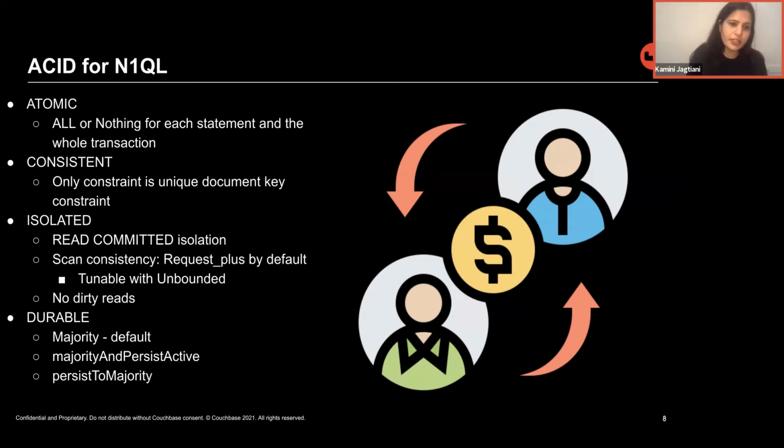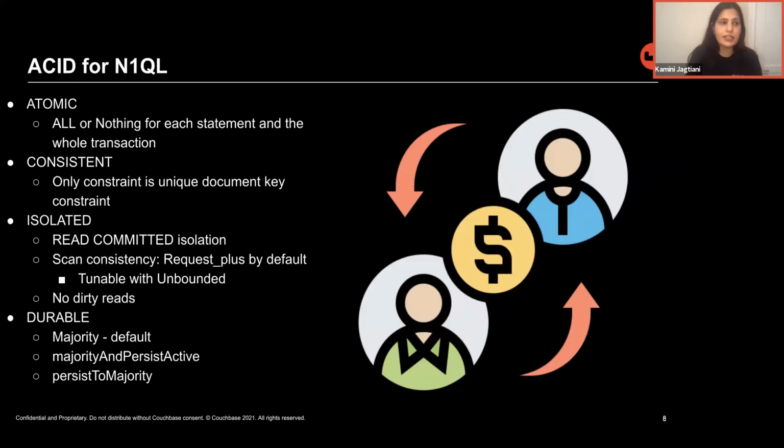The second one, majority and persist active, is the one in which the transaction would return successfully only if the changes have been written to the cache of a majority of the nodes and persisted, that is gone to the disk, of at least the active node.